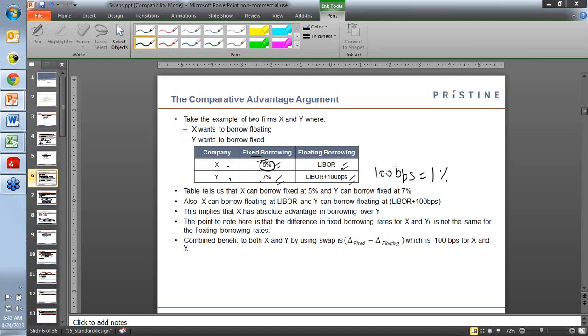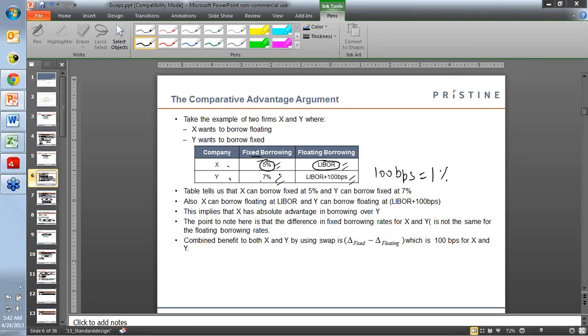And in terms of floating borrowing cost also, X has an advantage because it has a lower borrowing cost. For Y it's 1% higher, that is LIBOR plus 1%, and for X it's only LIBOR. Okay, so X has an absolute advantage over Y when it comes to borrowing costs. But here we look at the comparative advantage.